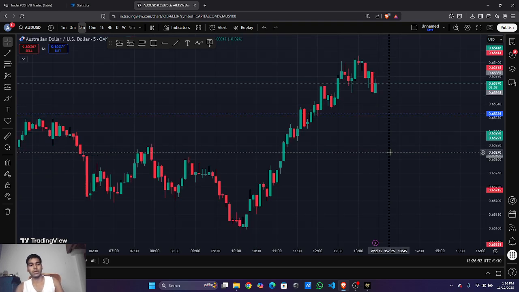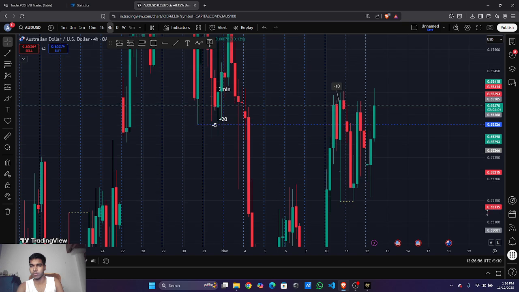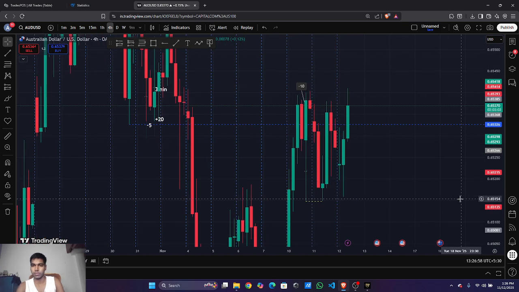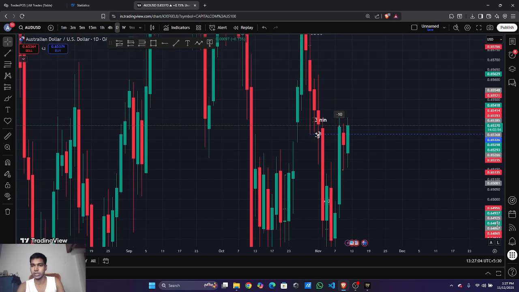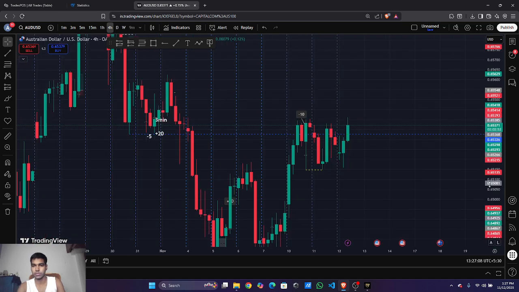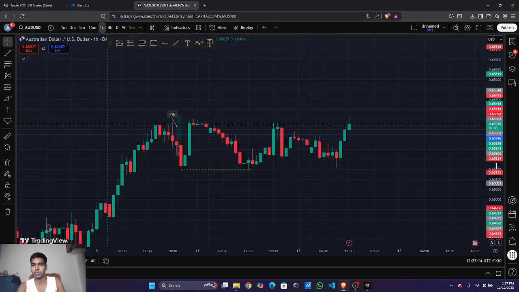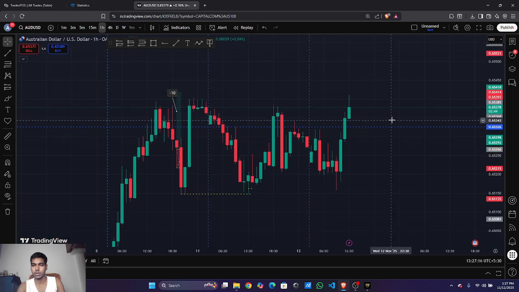Then we have AUD. AUD is bullish. There is a fair value gap.